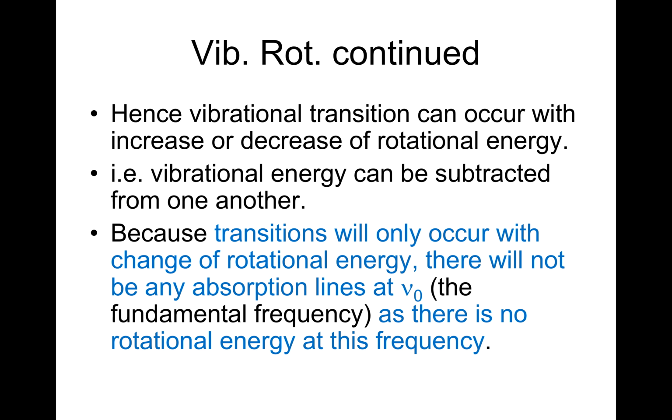Because transitions will only occur with change of rotational energy, there will not be any absorption lines at nu naught, the fundamental frequency, as there is no rotational energy at this frequency. It is important to know that.